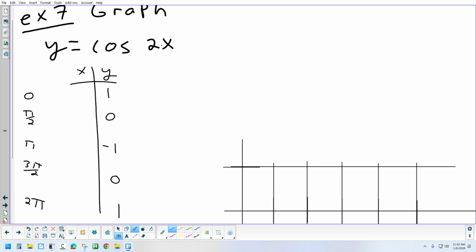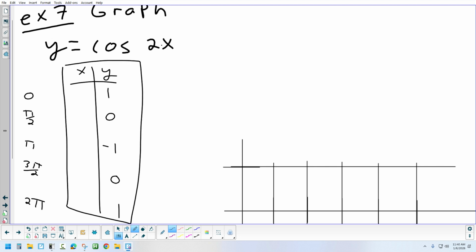And what am I going to do to all my original x values to get the new ones? Yeah, divide by 2. And dividing by 2 is the same as what? Yeah, just taking half of all of them. So either divide by 2 or just take half of everything.